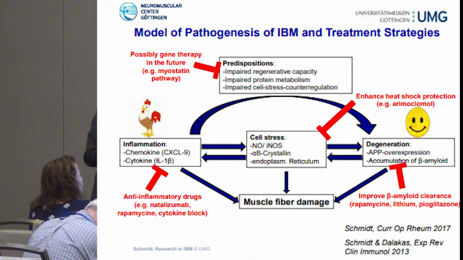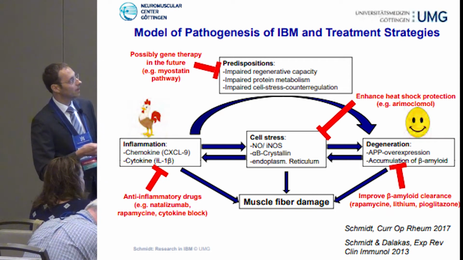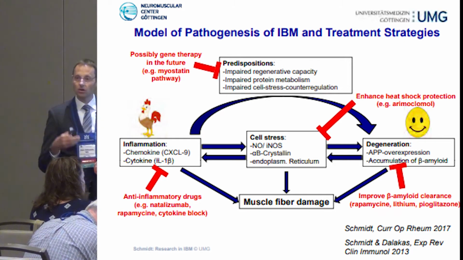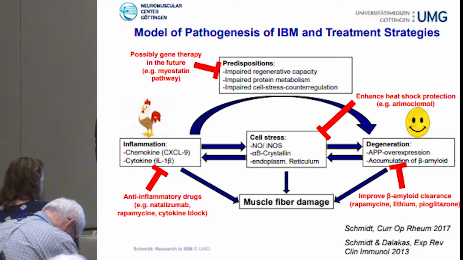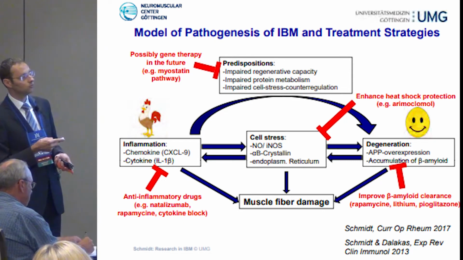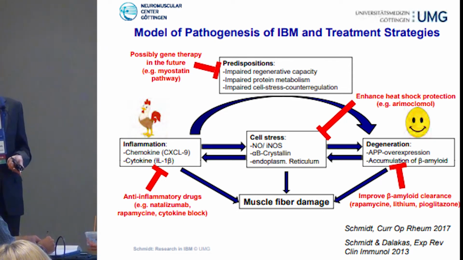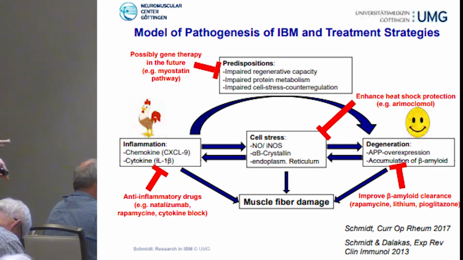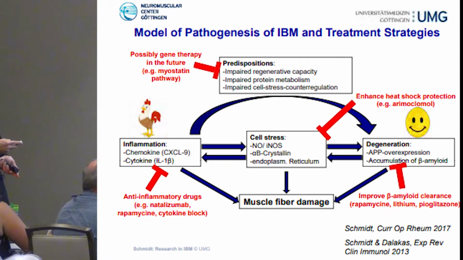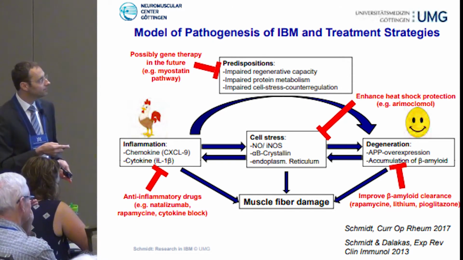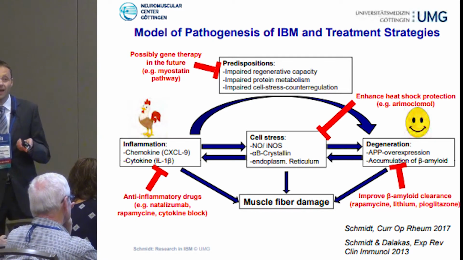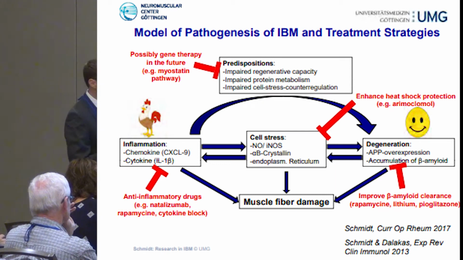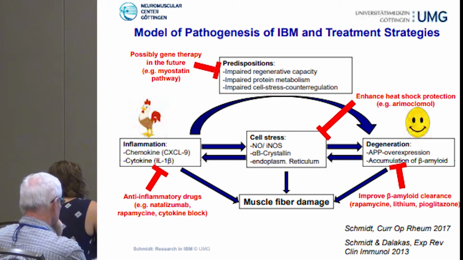So the model of IBM, as we think it holds for the moment, is that we have a collection of underlying predisposing factors, like impaired regenerative capacity. I don't have the time to show more data, luckily for you. And we have an impaired protein machinery, and an impaired cell stress counterbalance regulation.